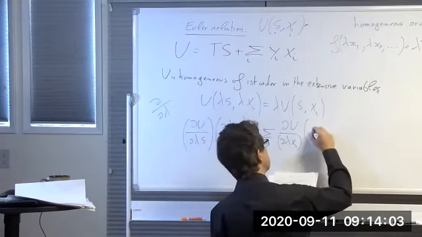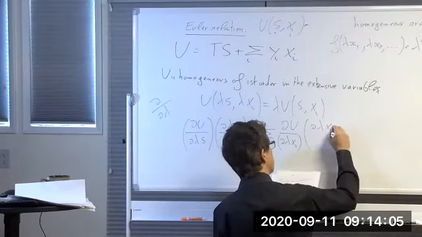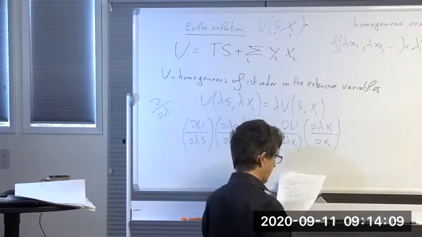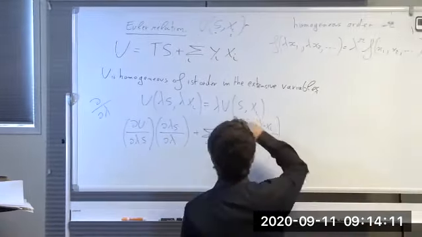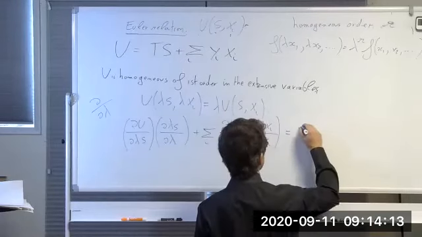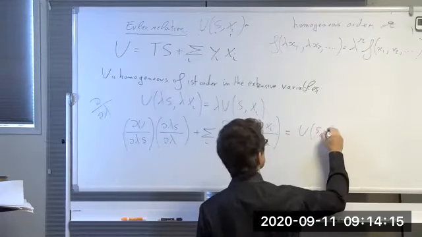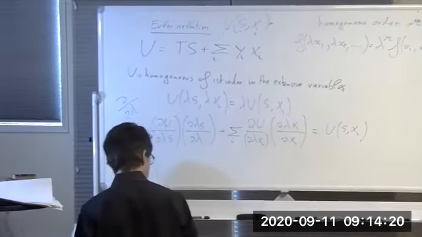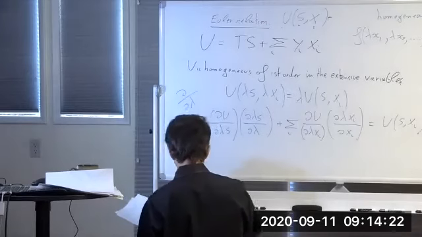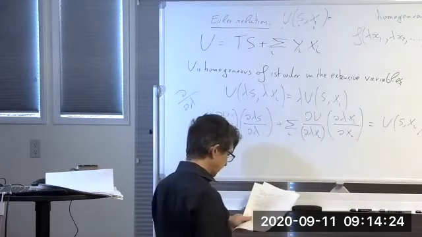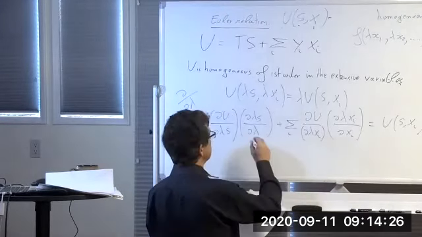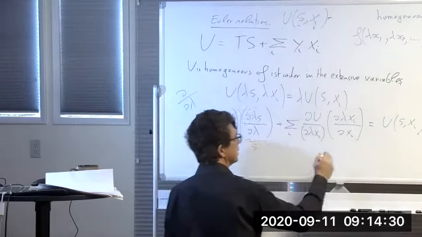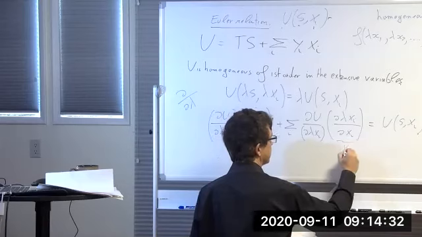And then if I take the right-hand side, the derivative of lambda, so that's just U of S, xi. This very high-level math leads us to the Euler relation, because this here, of course, is trivially S, right? And this here is trivially xi.